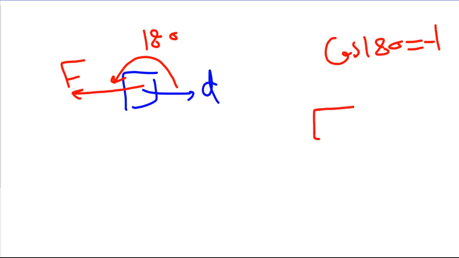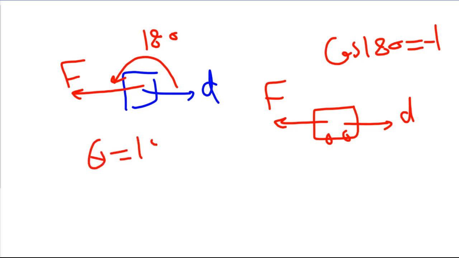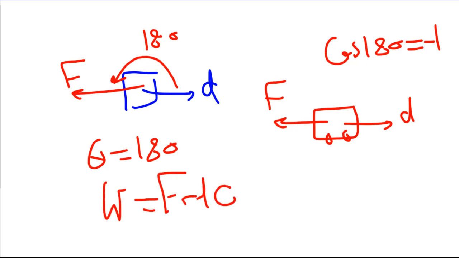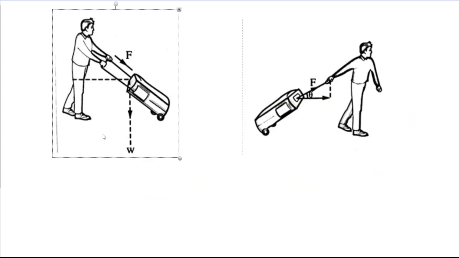If you have a car here moving in this direction and you apply the brakes, the angle is going to be 180, and work is Fd cosine 180, which is going to be -Fd.